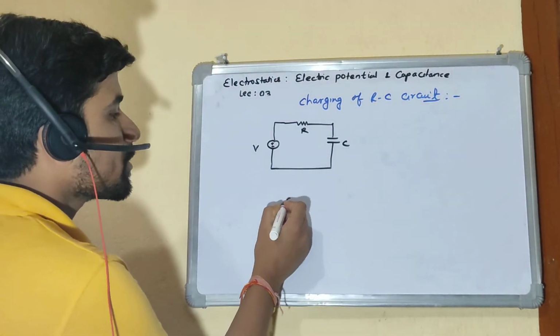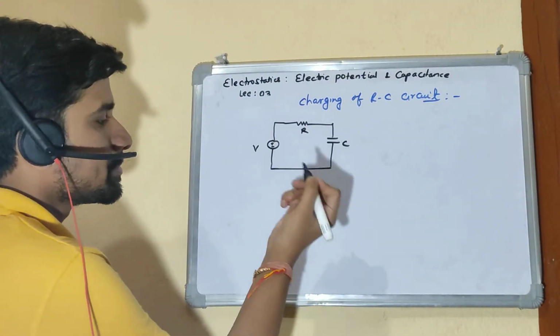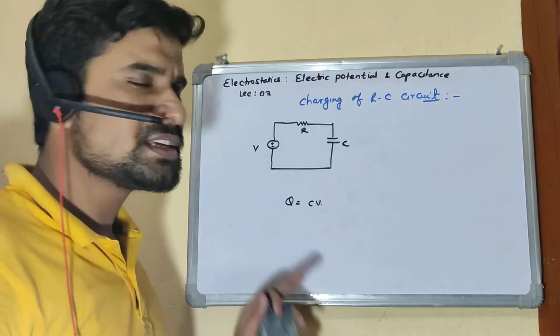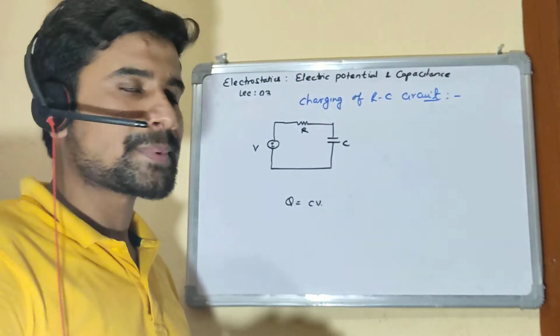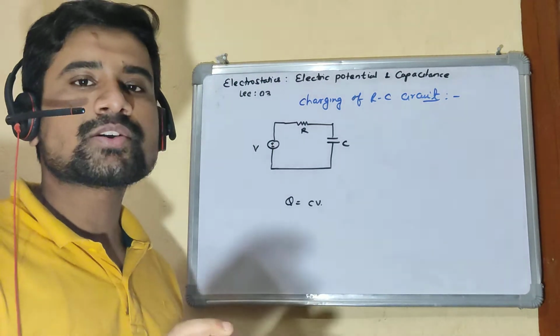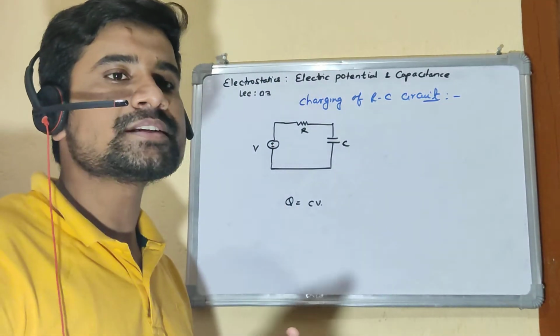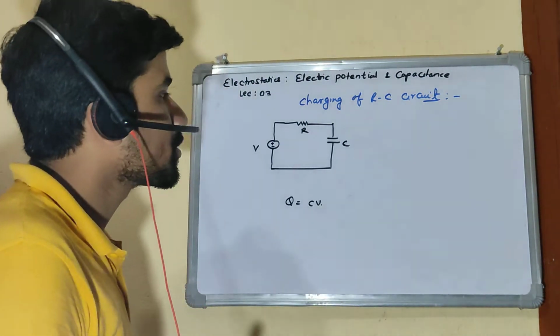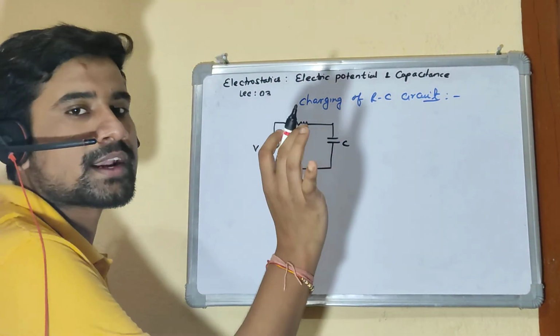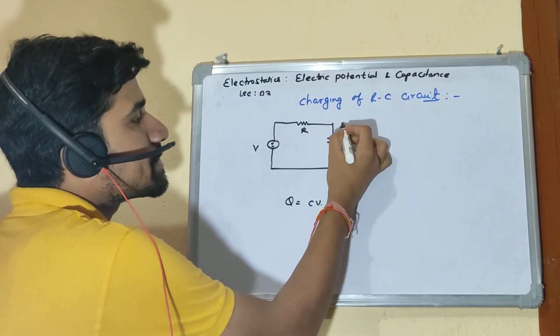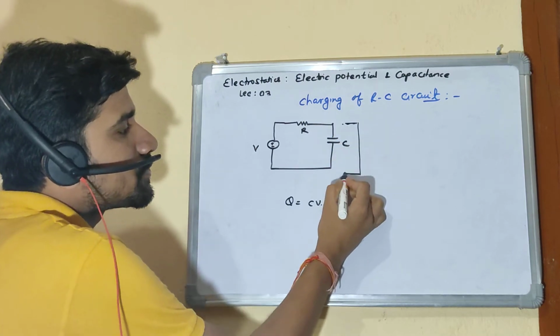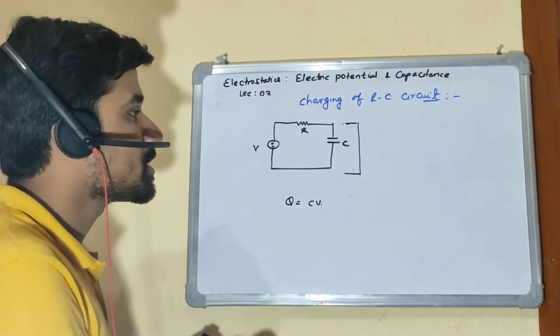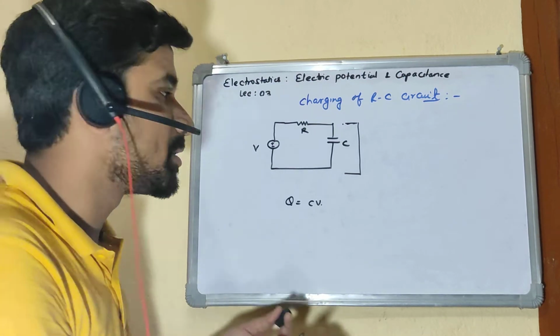We know the expression for a capacitor is Q equal to CV. So initially when the charge is 0, the potential across the plates is also 0, and the capacitor will act like a short circuit. Short circuit means it will not disturb the flow of current initially, and it's like nothing is connected in between.